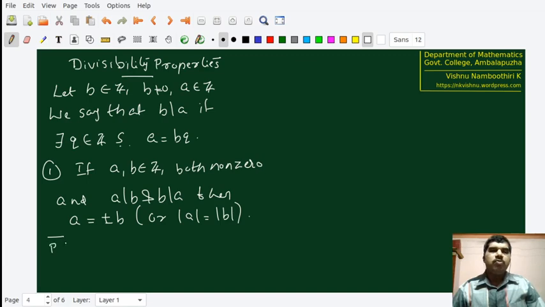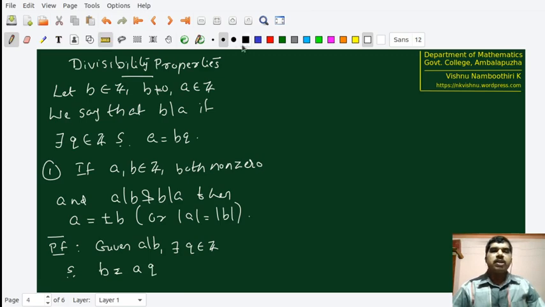So how do we prove this? The proof is quite straightforward and just uses the definition of divisibility. So what are the things given to us? a divides b is given to us. Given a divides b, there exists q belongs to Z such that b equal to aq.